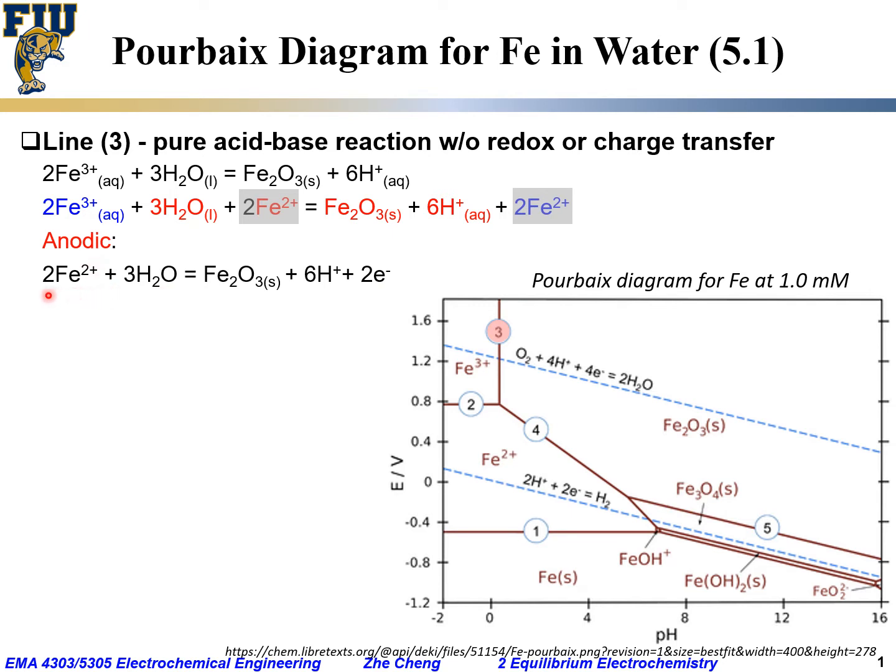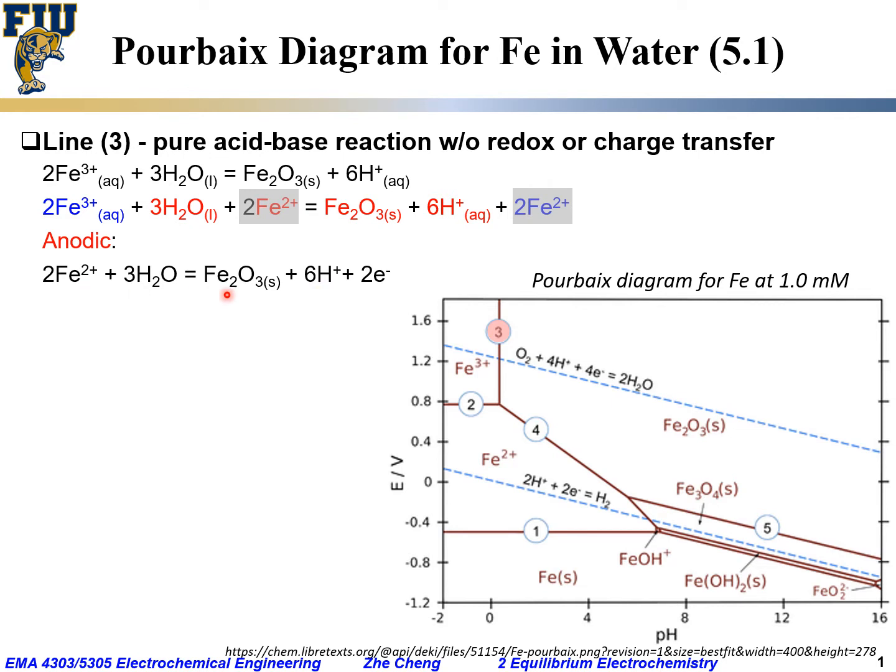Let's check again. 2 iron on the left, 2 iron on the right. 3 oxygen on the left, 3 oxygen on the right. 6 hydrogen on the left, 6 hydrogen on the right. 2 times 2 plus, 4 positive charge on the left; 6 plus and 2 minus, the net would be 4 positive on the right.